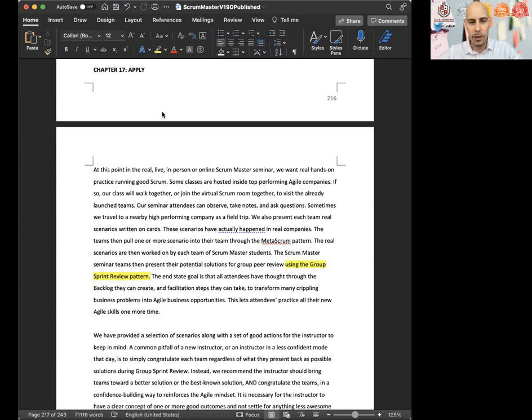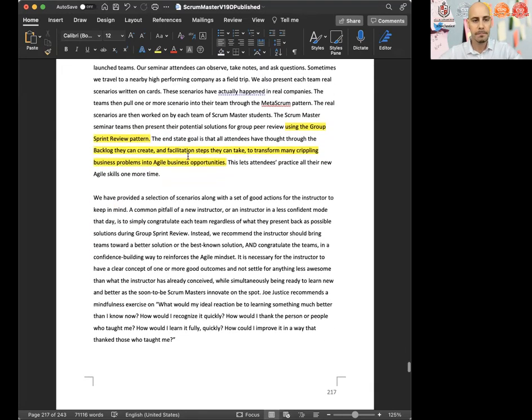The end state goal is that all attendees have thought through the backlog that they can create and facilitation steps they can take to transform many crippling business problems into Agile opportunities. This lets attendees practice all their new Agile skills one more time.